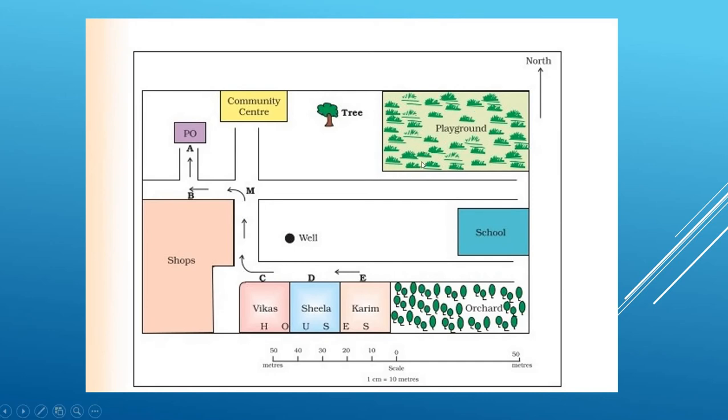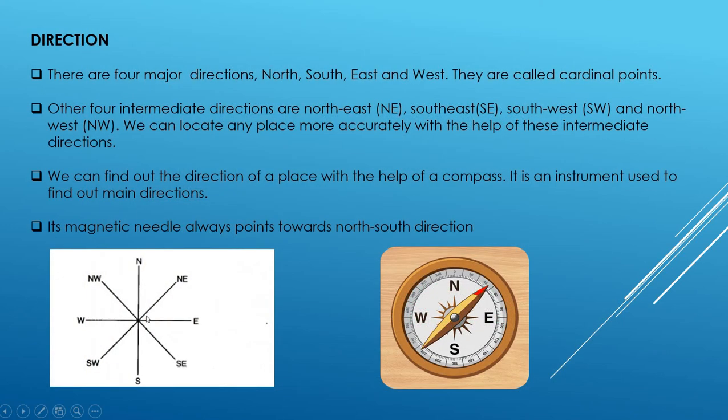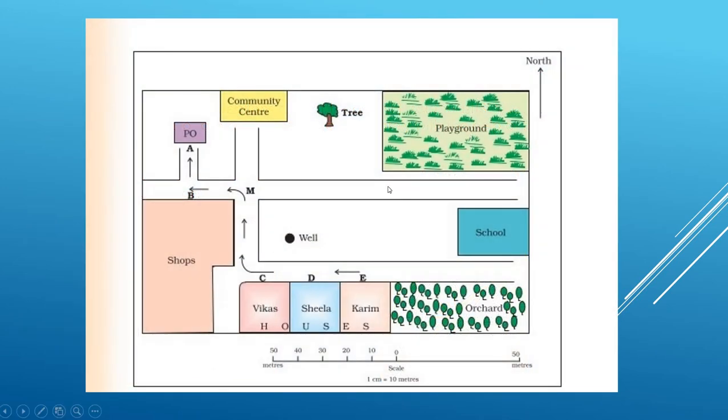Playground is here and Vikas's house is here. So as you know, this is north and this is east direction. So from here, this direction is northeast direction. As we saw in the previous slide, this northeast, the intermediate direction, okay. So playground is in the northeast direction from Vikas's house.